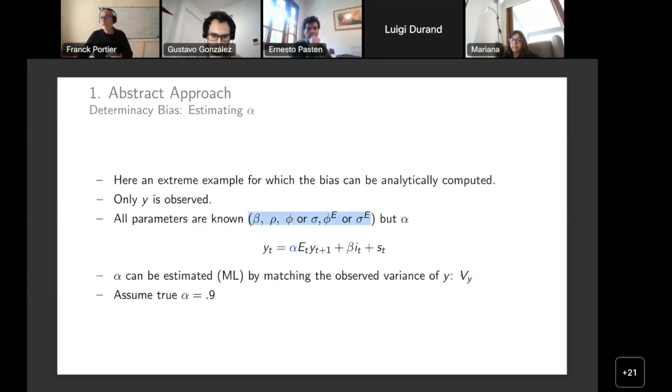I will have the observed variance of y. I will solve this equation and find an estimate for alpha. I'll show you exactly how it works, and you can think of it as maximum likelihood. Let me assume that the true alpha is 0.9, for my graph, it's easier.